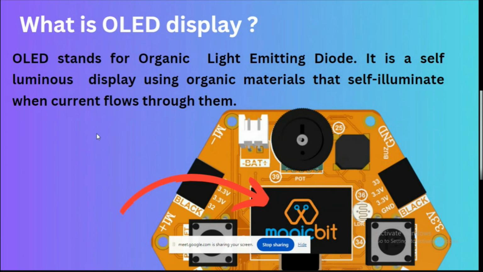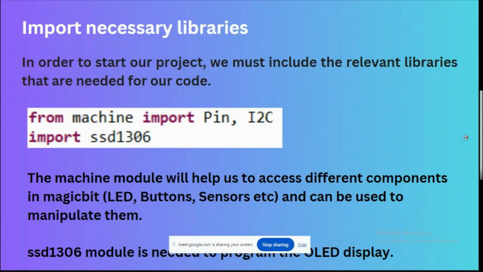It is a self-luminous display using organic materials that self-illuminate when current flows through them. That means when we power the Magicbit, and current flows through the material within this display, we can have the output.